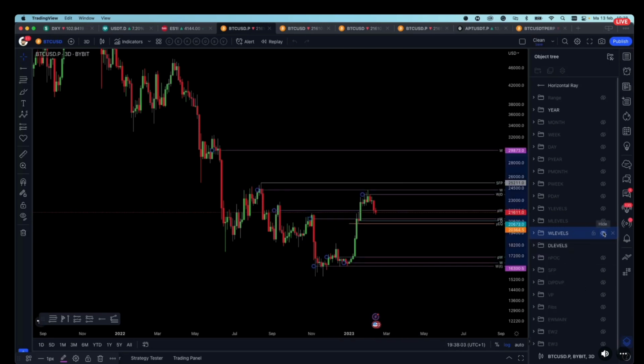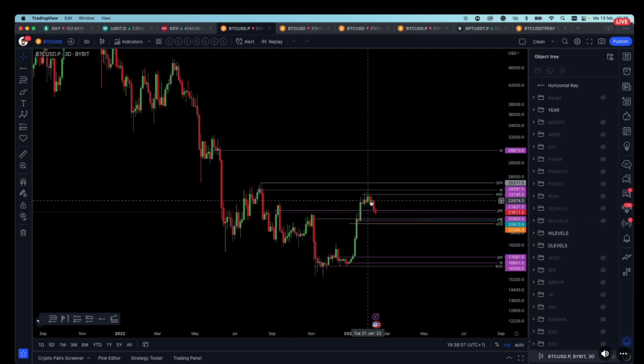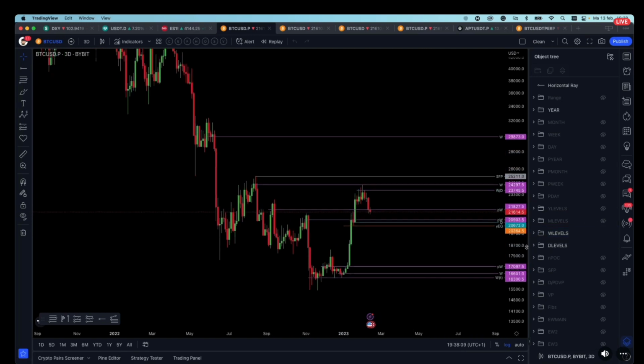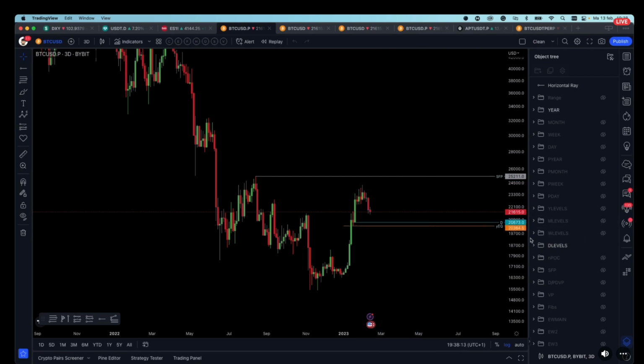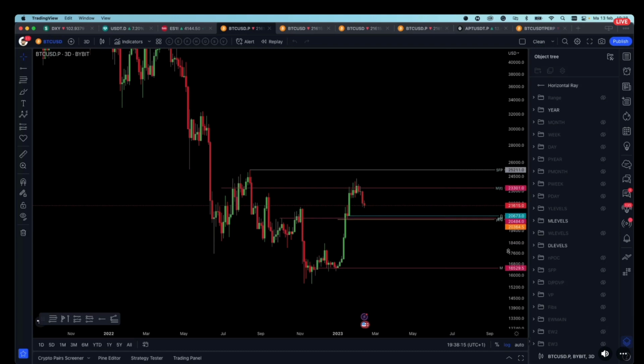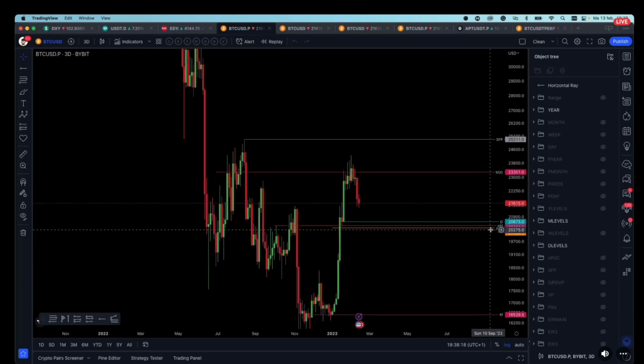My weekly levels, for now, I don't really need any weekly levels. So monthly time frame. Yeah, previous monthly level.